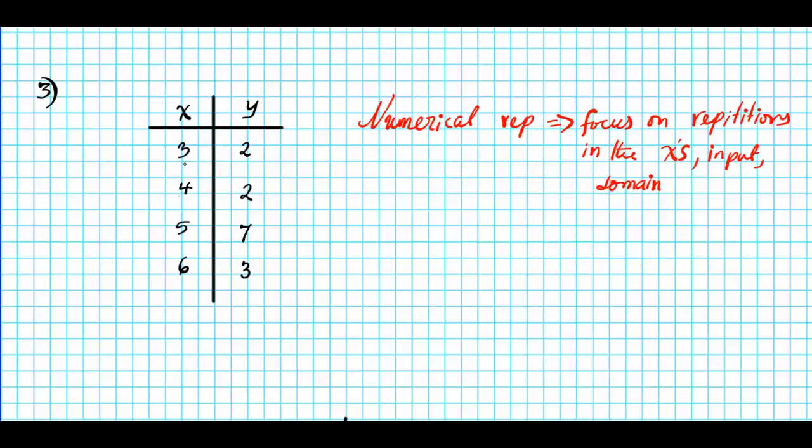3, 4, 5, 6, they are all unique. There are no repetitions right here, which guarantees that each and every one of these will be assigned to one unique output. So what does that mean? The relation is a function because, how do we know?